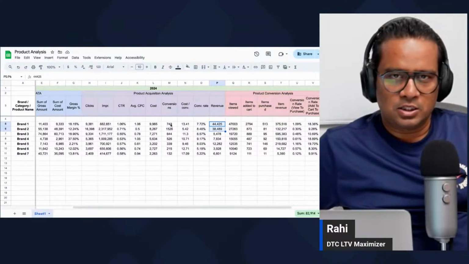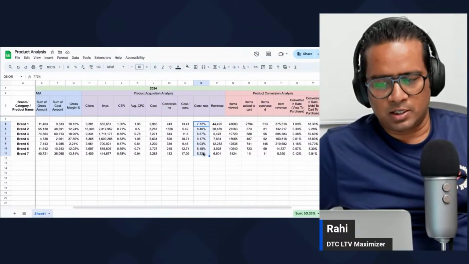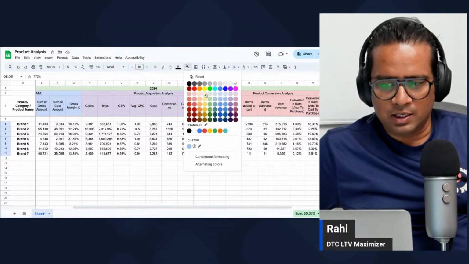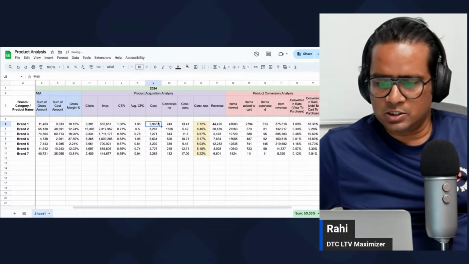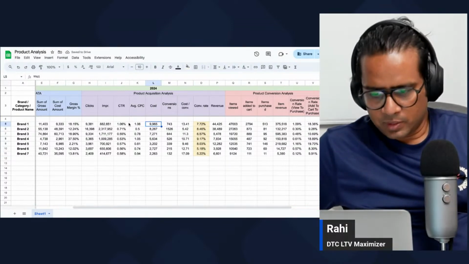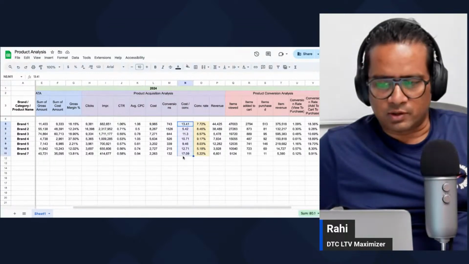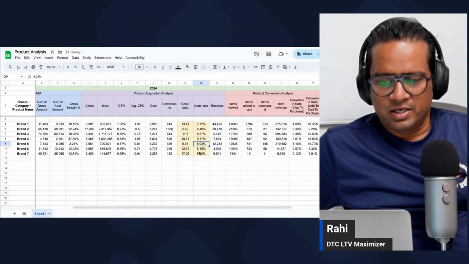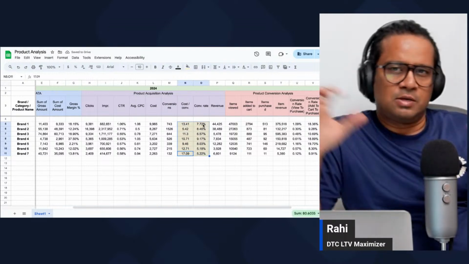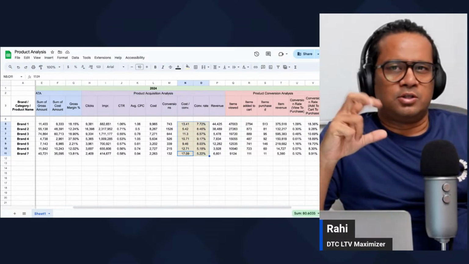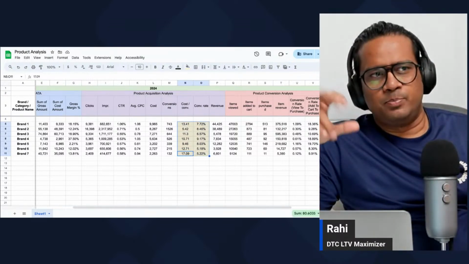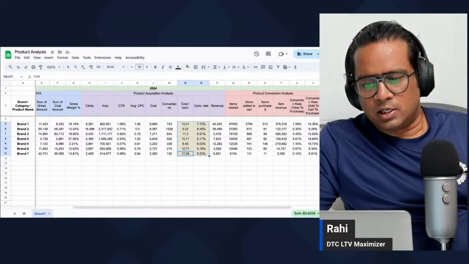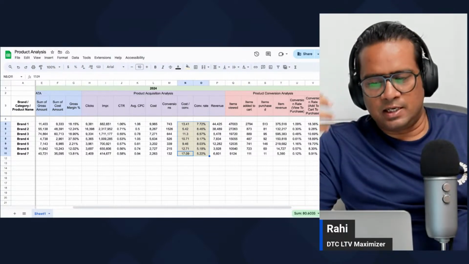Because we are looking at this mainly from a conversion rate perspective, what we are mainly interested in is the conversion and the average cost of conversion. Based on these two metrics, we try to extrapolate the CAC of this brand, or the individual customer contribution margin of this brand. So we can get to that number.